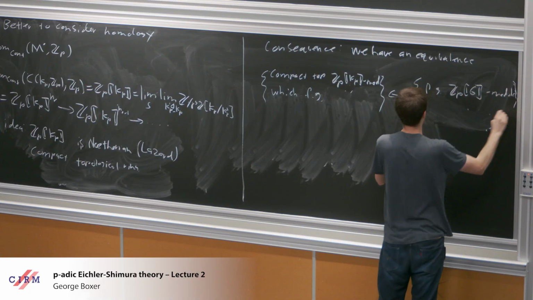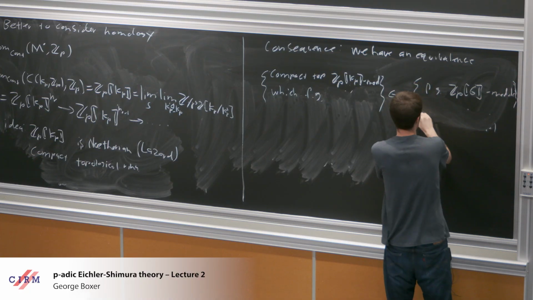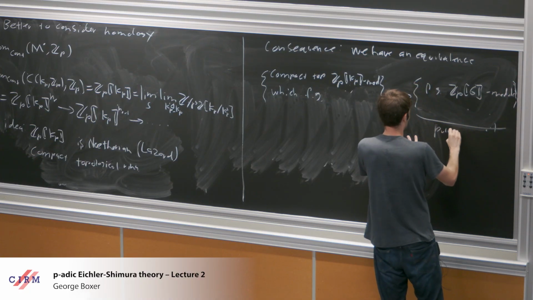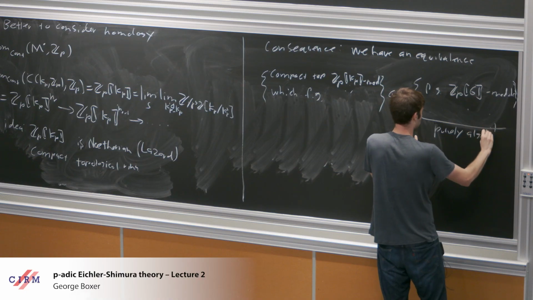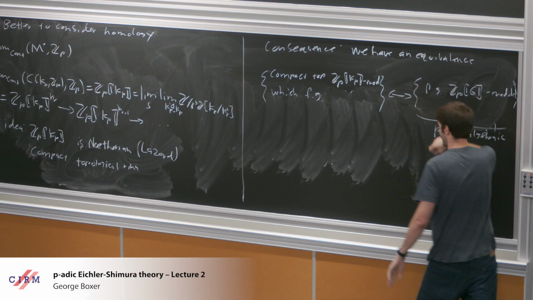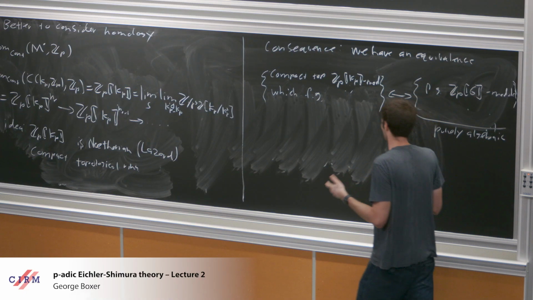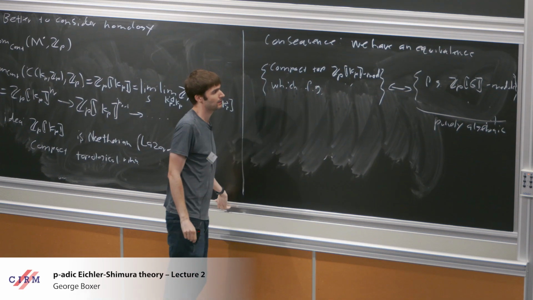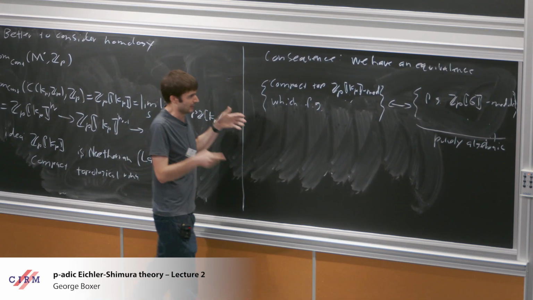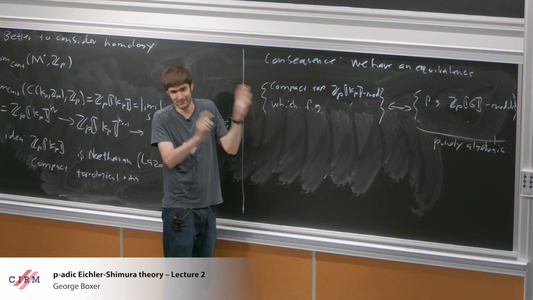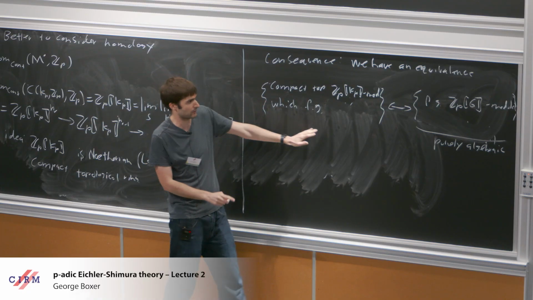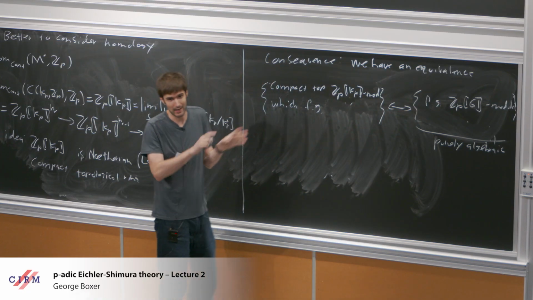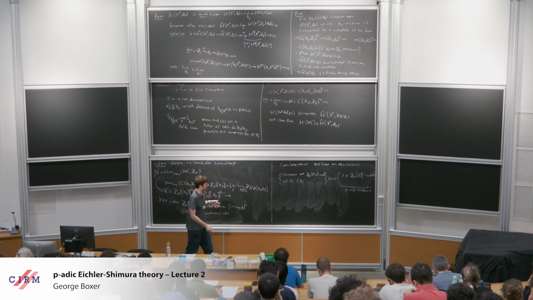So in other words, this purely algebraic category. Why is this? What we're saying is that any object here actually has a canonical topology, which is determined purely algebraically, and every map is automatically continuous.